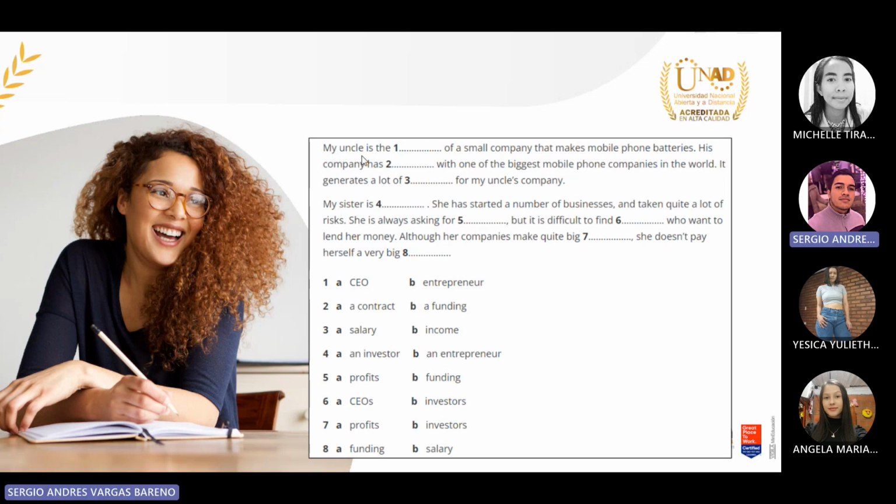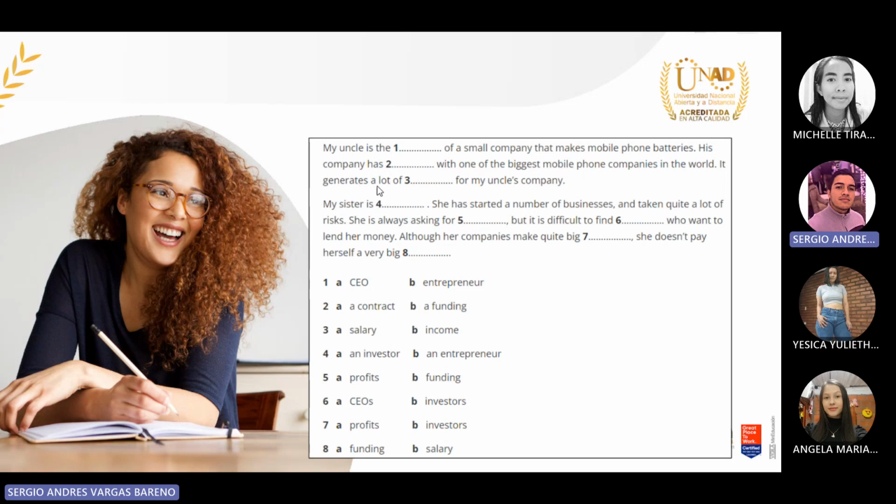So, here in the first part: my uncle is the blank of a small company that makes mobile phone batteries. His company has blank with one of the biggest mobile phone companies in the world.